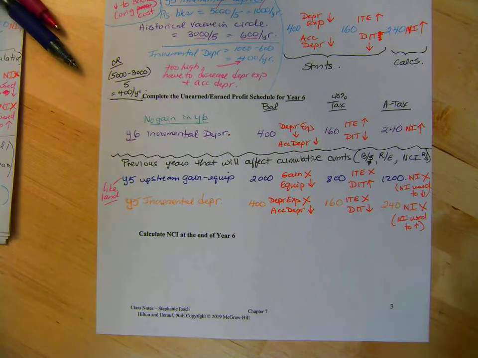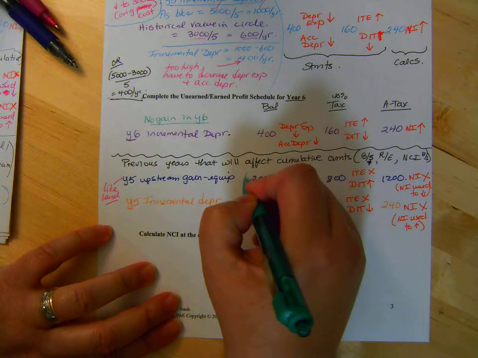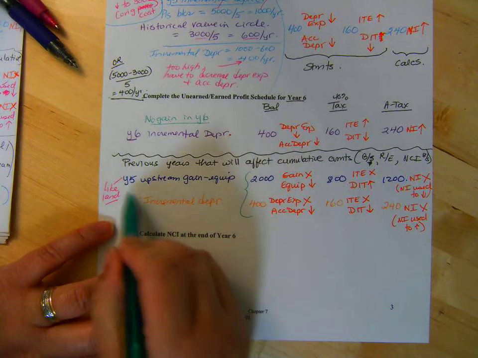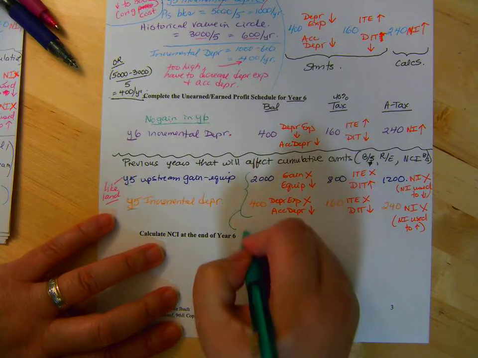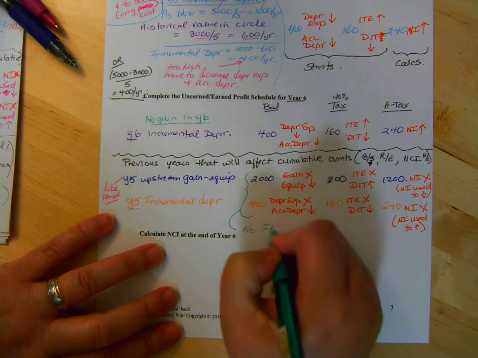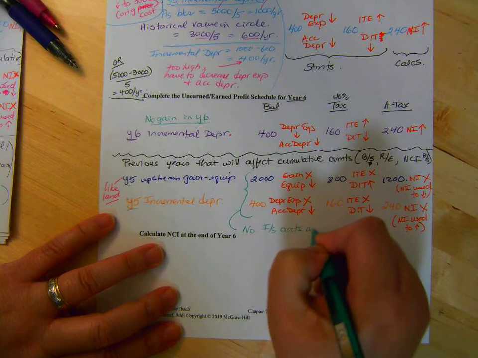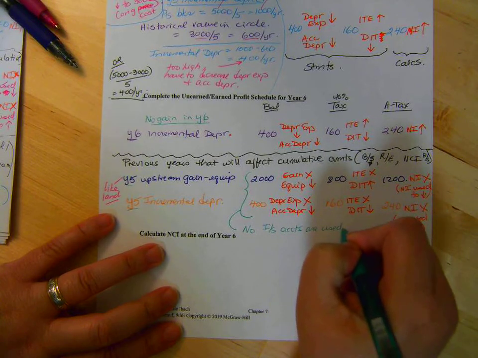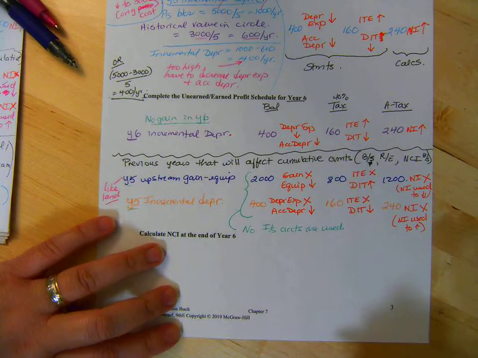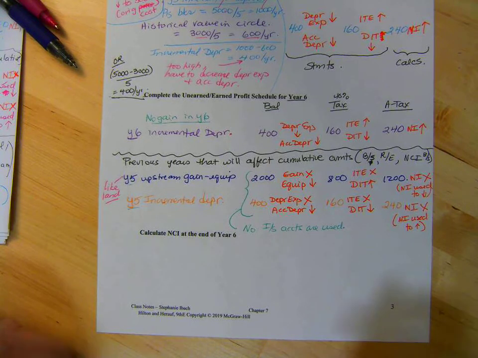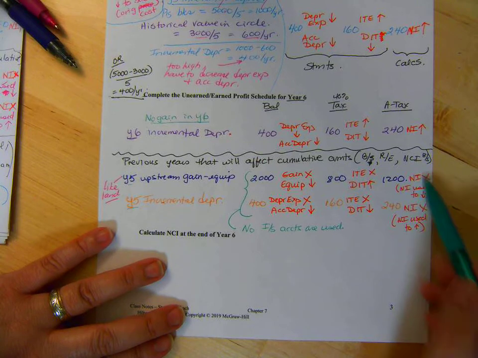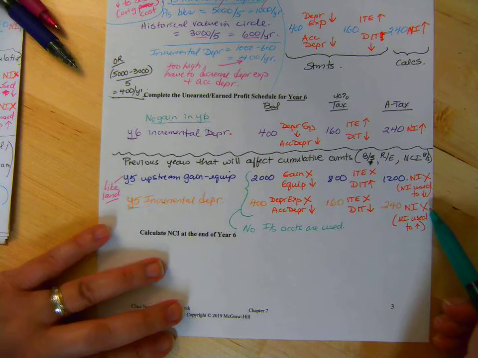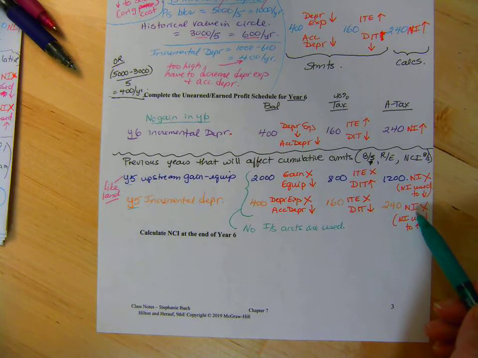So, notice on these ones, because they're from year 5, no income statement accounts are used. Okay? So, for these calcs, you wouldn't use anything with net income in them where it's not changing.